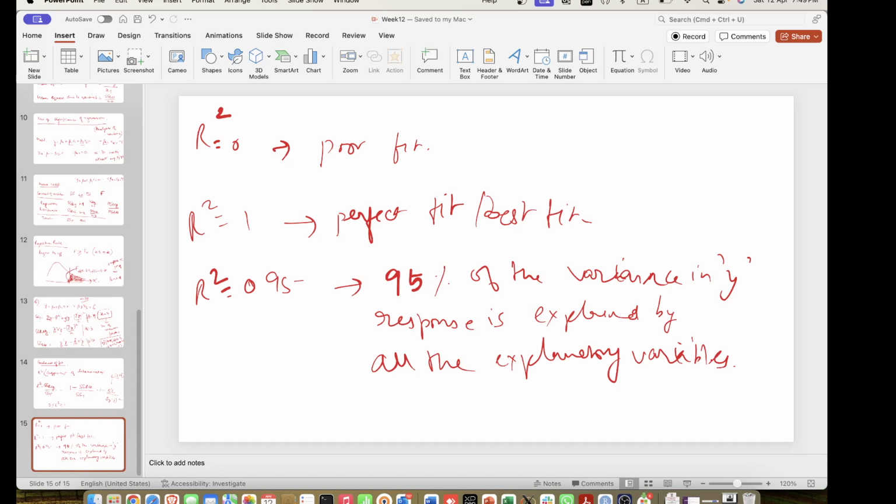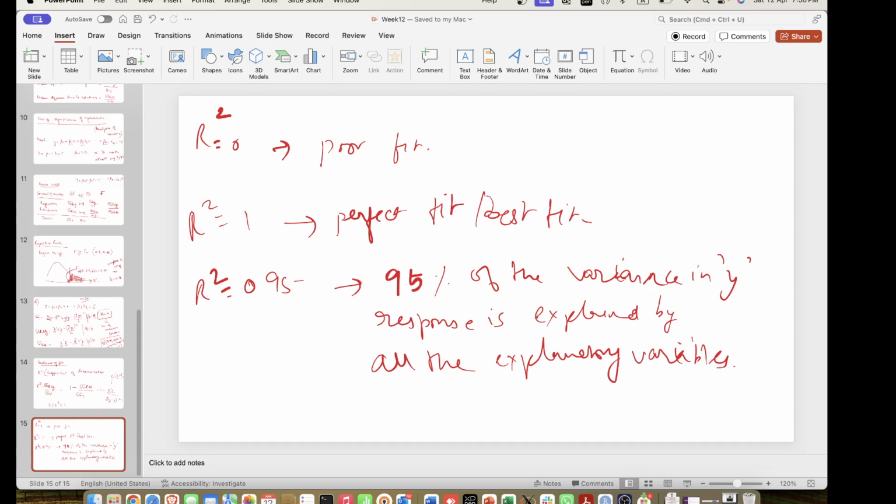So in this particular situation, if I consider beta naught to beta k minus 1 as k unknown parameters, I only had k minus 1 explanatory variables.